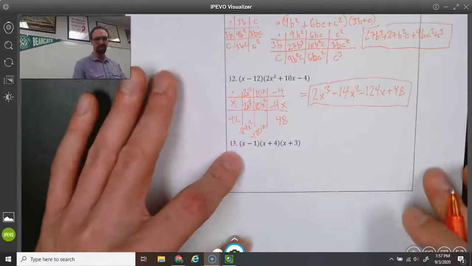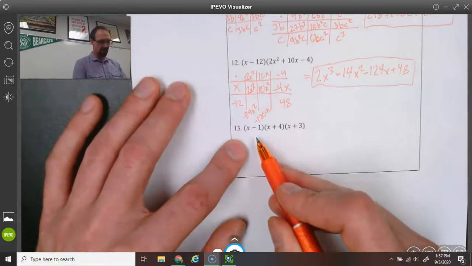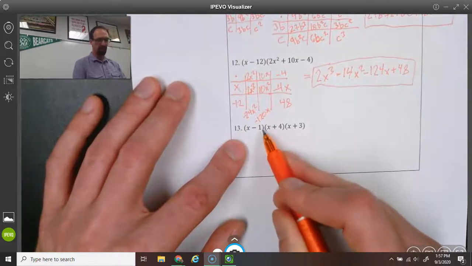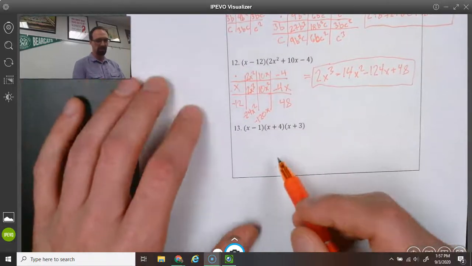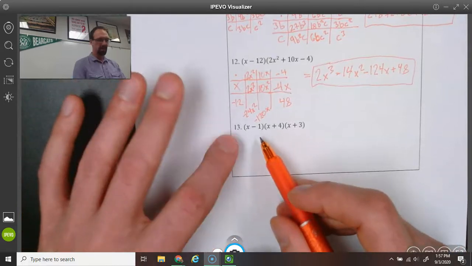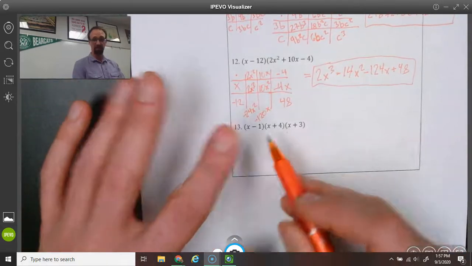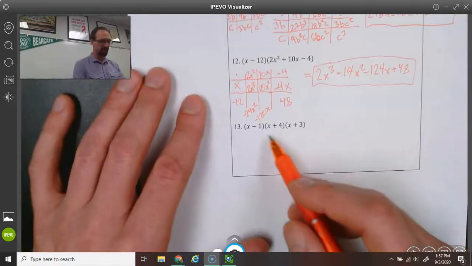And then number 13, very similar to the other ones that we did. So again, you could FOIL two of these terms. You could do the table method or double distributive. However, you need to note that we've got a multiplication and then a multiplication. So you need to do one of these sets first before you apply it to the other set.